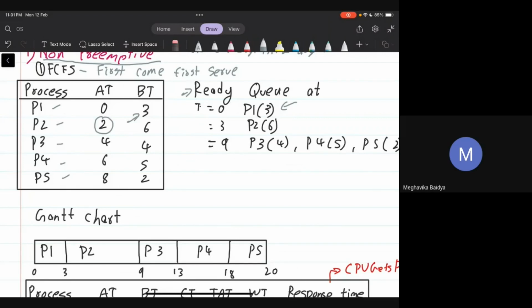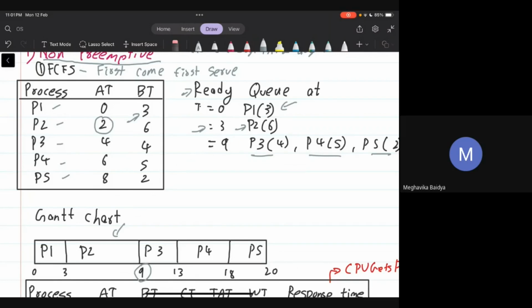So P2 will wait in the queue, and when the time is equal to 3, P2 will execute. The rest of the processes also wait in the queue until P2 finishes its execution, which is 6. So 3 plus 6 is 9. Then you have P3, P4, and P5.